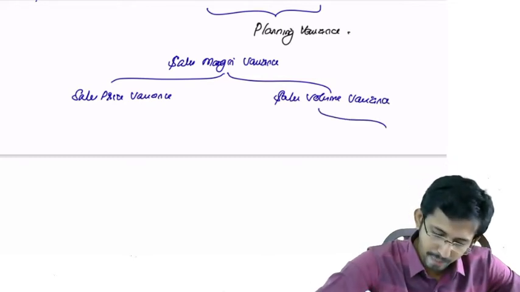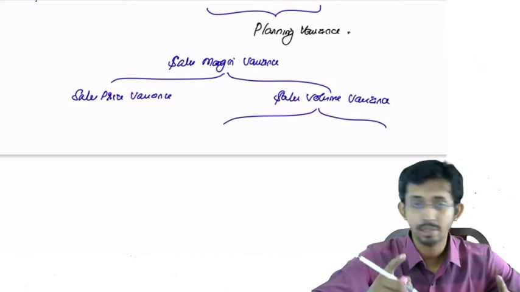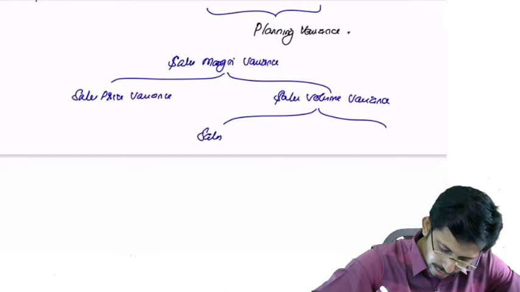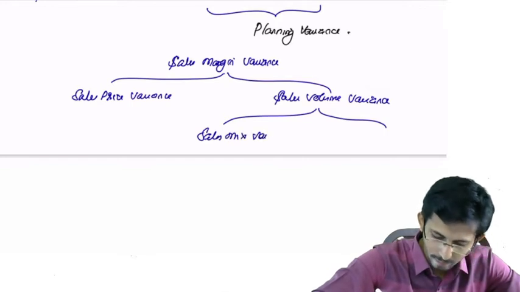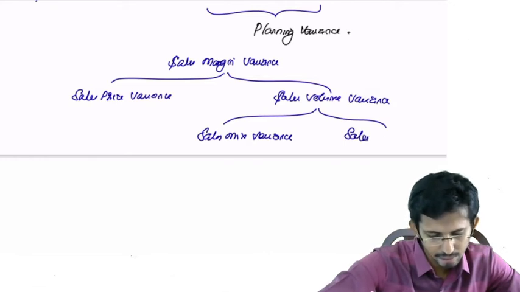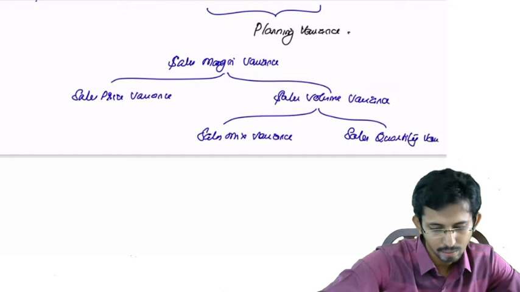Now sales volume variance itself you can divide into two if you have a multi-product situation, or if you are selling more than one product. What is that? Sales margin mix variance, and the balance will be sales margin quantity variance.